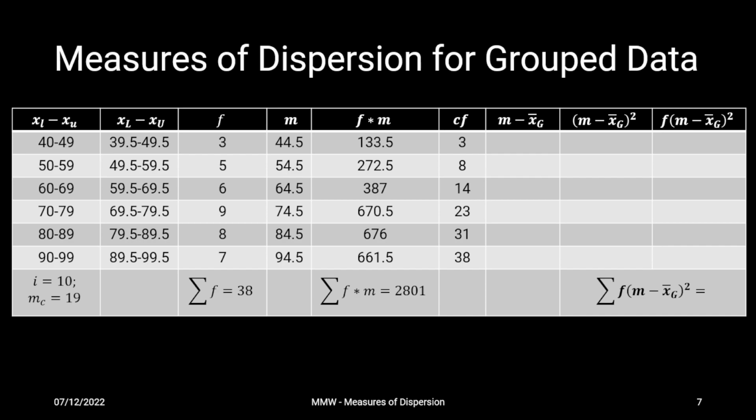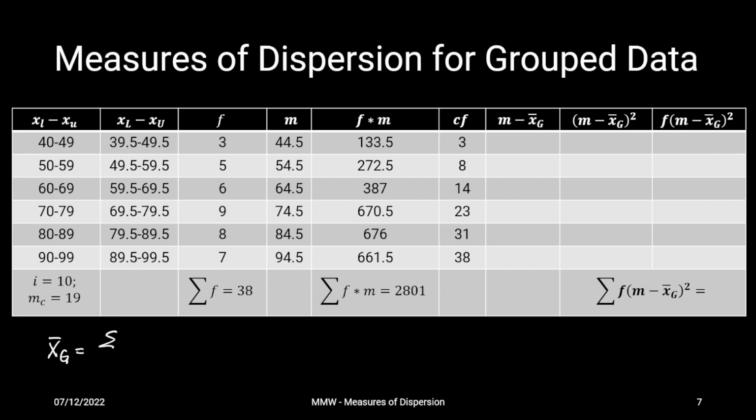Okay, so again, midpoint minus the mean, we all know the mean. Ano ba ang formula natin again for the mean? If we're going to go back, di ba? The mean of the grouped data is equivalent to the summation of f times m over the summation of f.